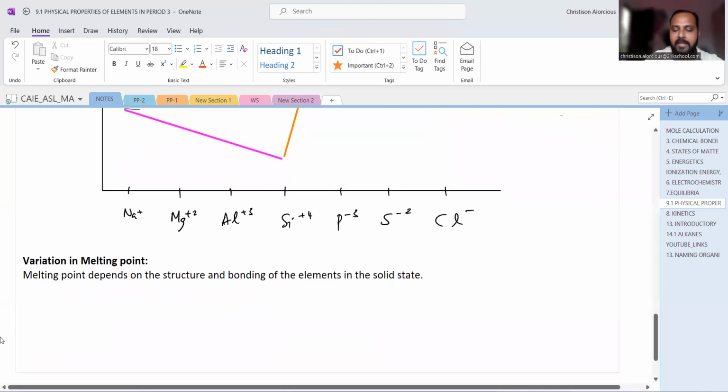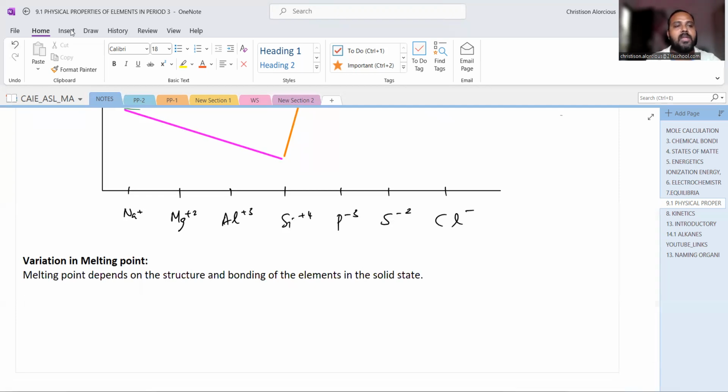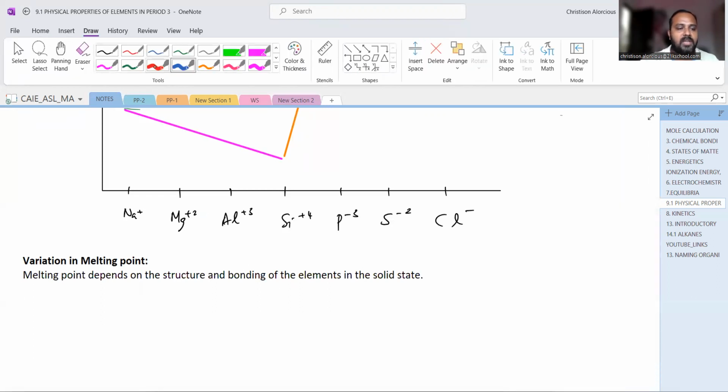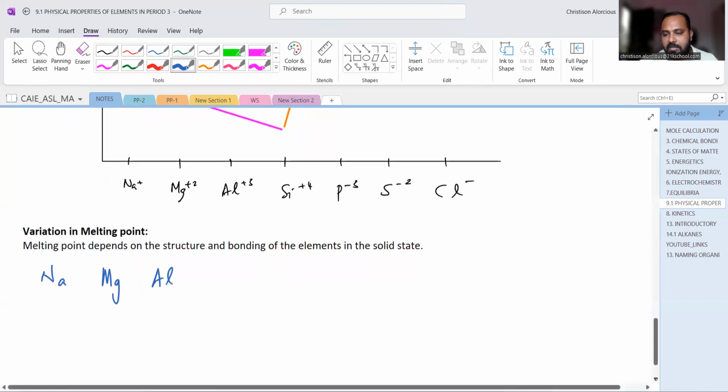If we look at the elements across period 3, you'll find sodium, magnesium, and aluminum are metals.